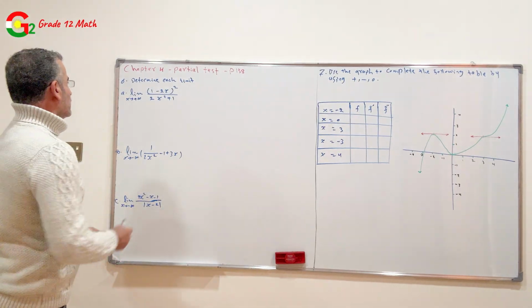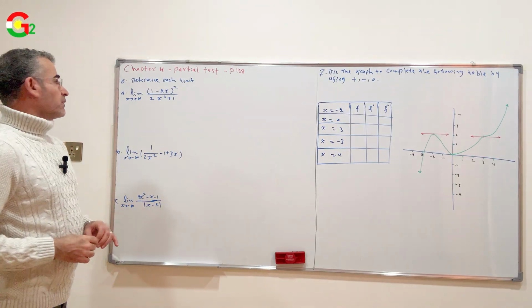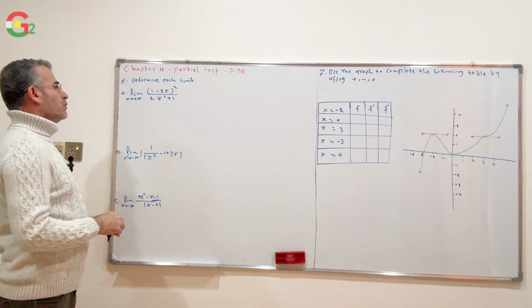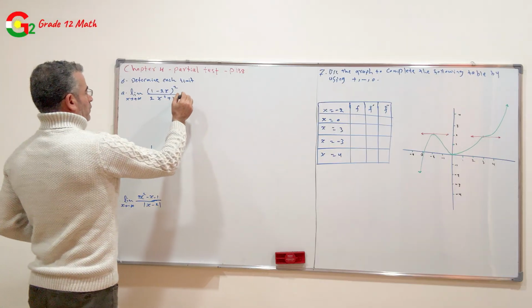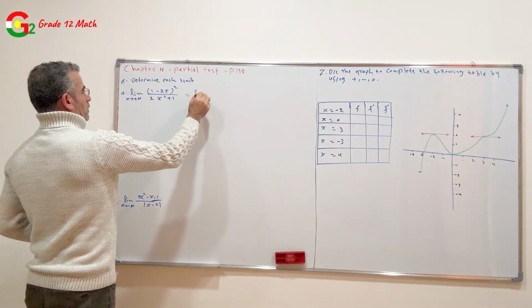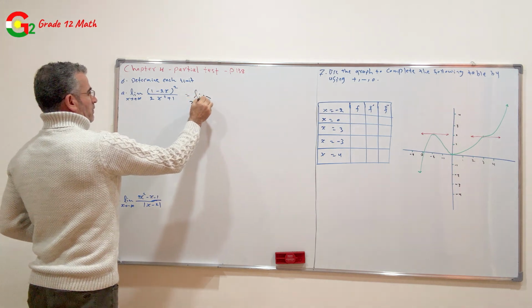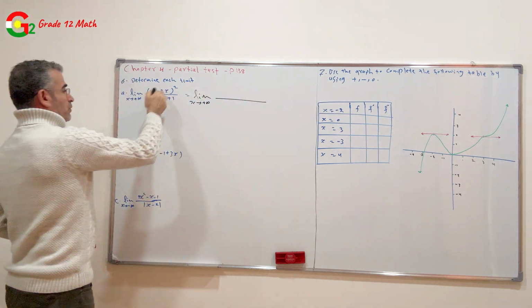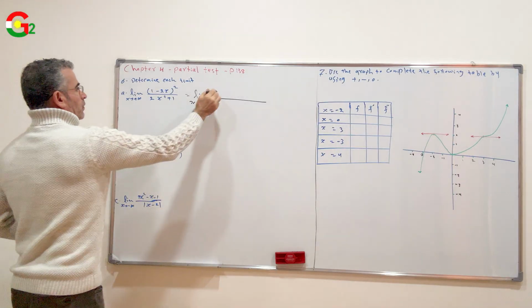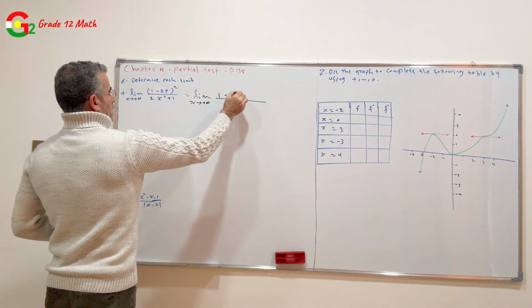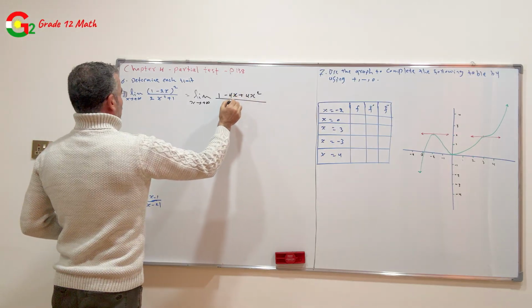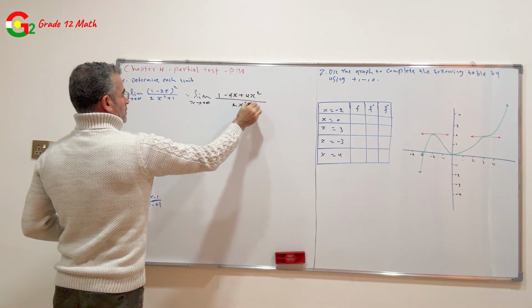Determine each limit. Limit as x approaches positive infinity of (1 - 2x)^2 over 2x^2 + 1. To find this limit, we need to expand the bracket: (1 - 4x + 4x^2) over (2x^2 + 1).